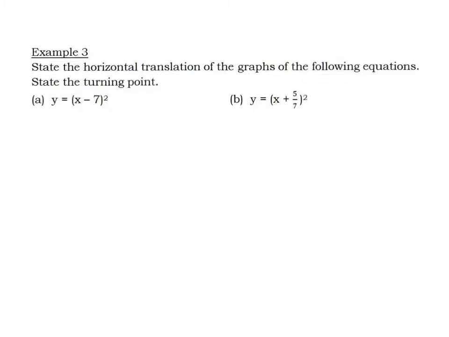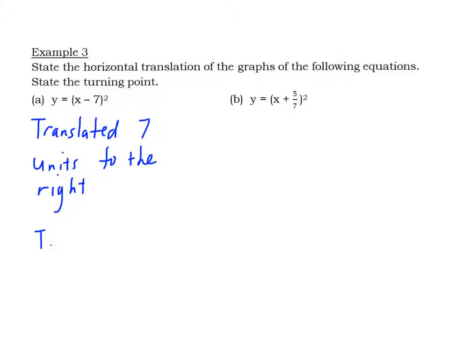Example 3. y equals x minus 7 all squared. This has been a horizontal translation because the number is inside the brackets, it's all squared. And the first one is 7 units to the right. And so that means that our turning point is 7, 0.